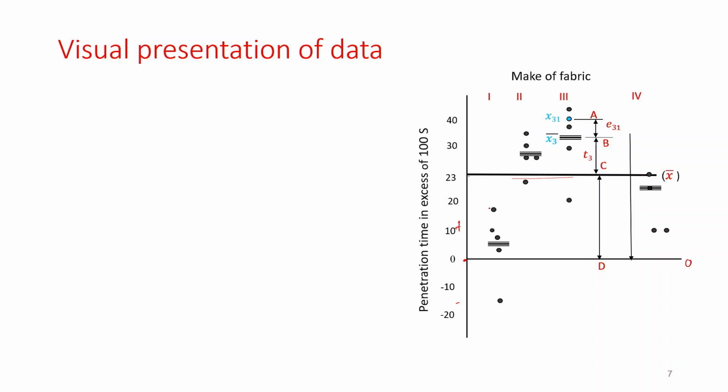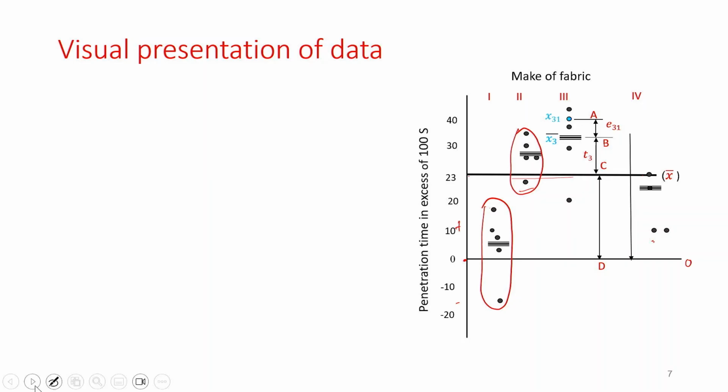These five are for fabric manufacturer 1. These five are for fabric manufacturer 2, and this is for fabric manufacturer 3 or 4. This is 3 and this is 4. This point should have been somewhere here, probably it has shifted, so you can ignore that, it doesn't matter.